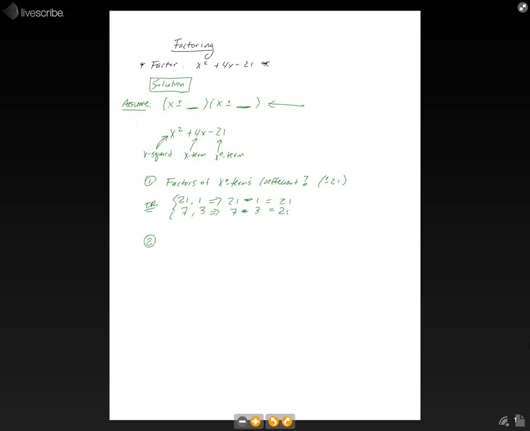The second question that you want to ask yourself is, of our possibilities, how could they add or subtract from each other to give you the coefficient on the x term? Which in this case is positive 4.